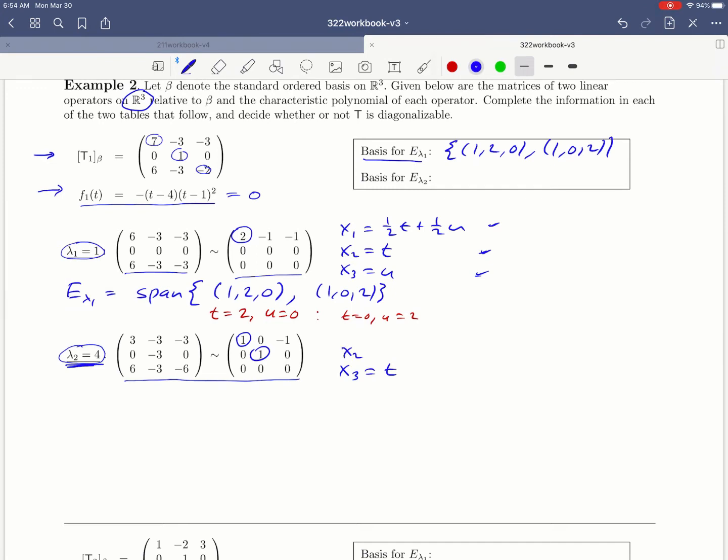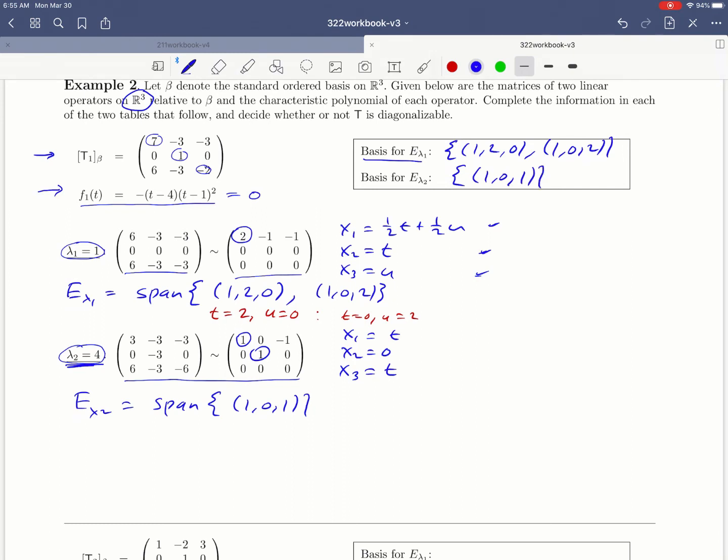I'll leave it to you to confirm that with that choice for x3, x2 and x1 are going to look like 0 and t. Since we just have one free variable, E lambda 2 should be spanned by just one eigenvector. If we let t be 1, we're just going to get 1, 0, 1. That should be enough to form a basis for E lambda 2.